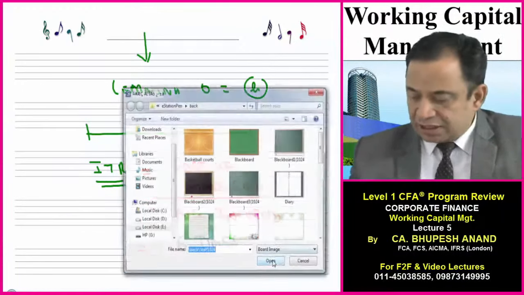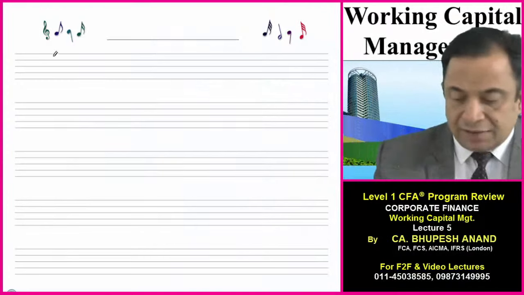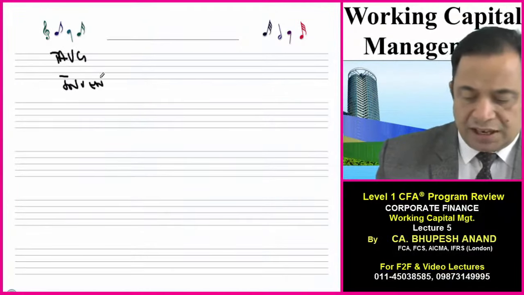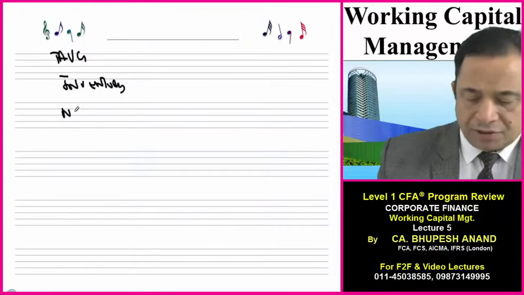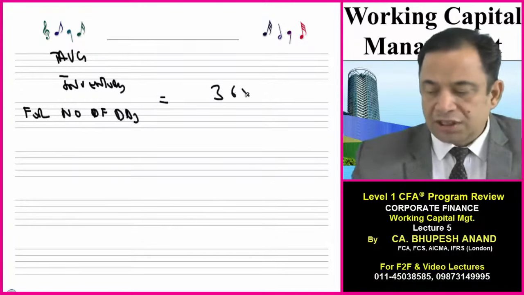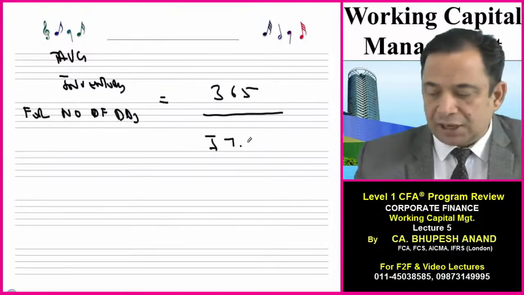With the help of 6 times, I can easily find the number of days of average inventory we keep. For that, I told you 365 upon inventory turnover ratio.